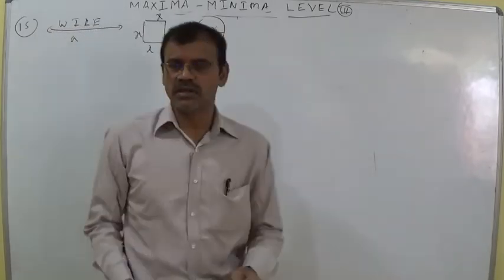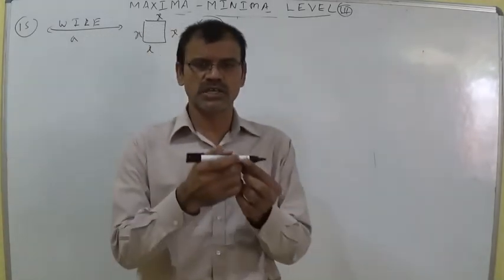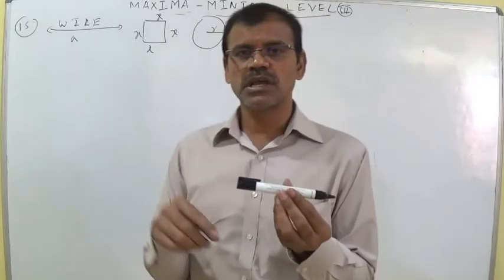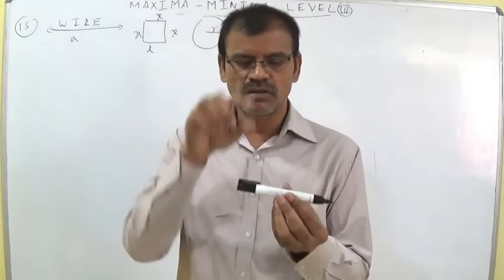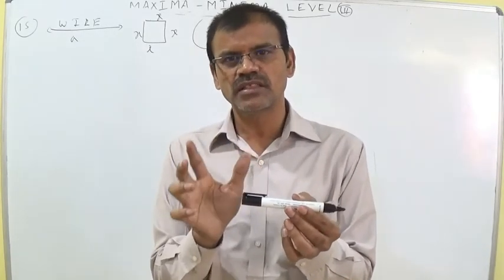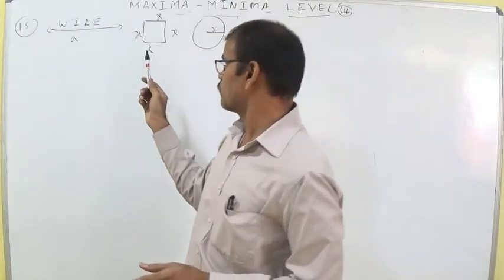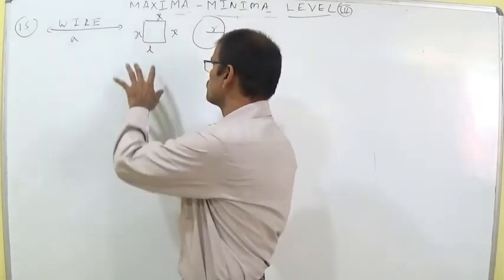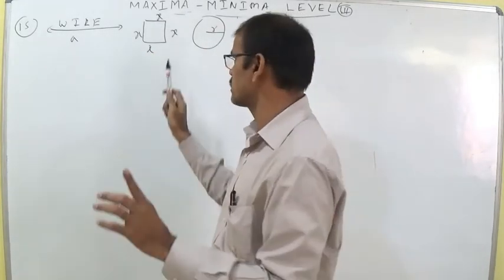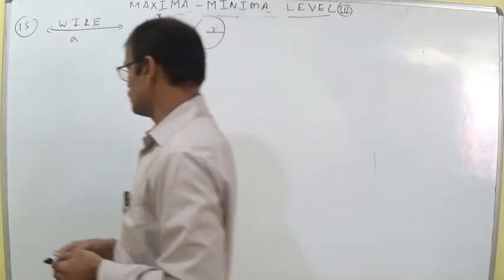Using that wire, it should be bent in the shape of a square and a circle. There is no decrement in the length of the wire. Whatever the wire length is given, that wire only is divided into 2 separate parts, a square and a circle.